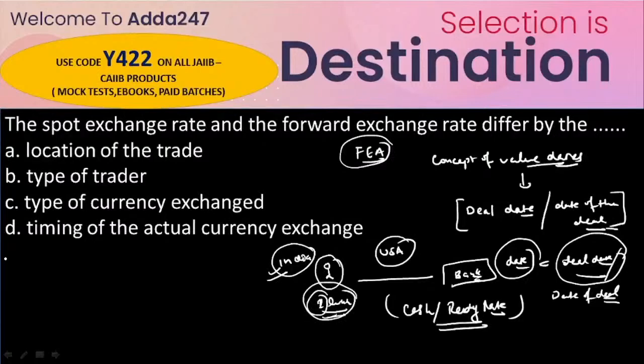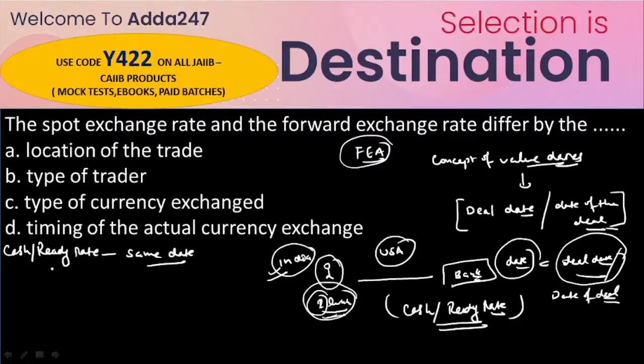The one term you should understand here is the cash or ready rate. Whenever the exchange of the currency takes place on the same date, it is known as a cash or ready rate. You went to the bank and on the same date you exchanged, so the exchange of currency takes place on the same date.